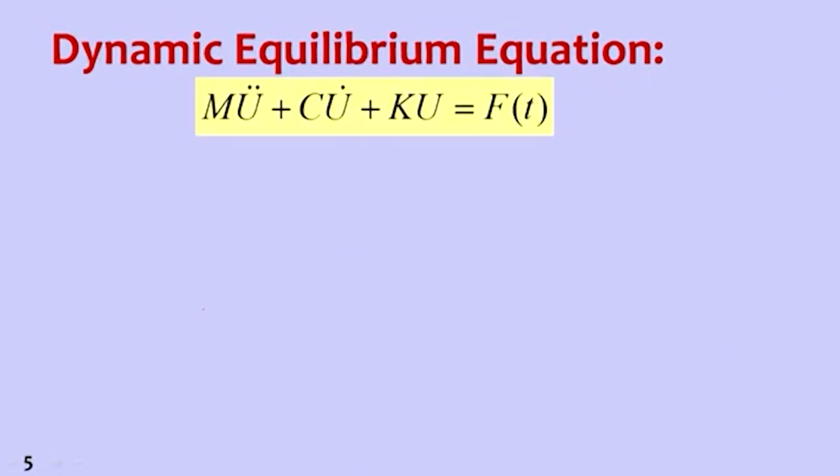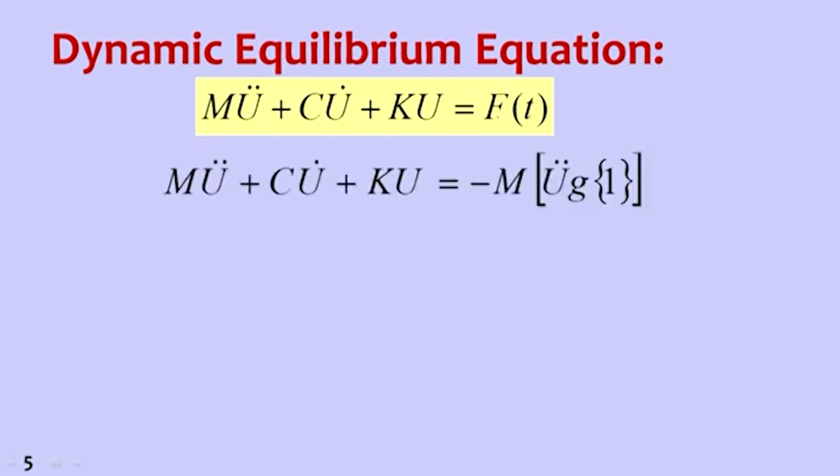Now this is the dynamic equilibrium equation for a multi-degree of freedom system. These three terms are the inertia force, damping force and stiffness force, and this is the externally applied force F. Now if the externally applied force is coming from an earthquake, we already derived the equation of equilibrium for earthquake actions: M u double dot plus C u dot plus K u is equal to minus u double dot g into 1, because M is a matrix and force is a vector.